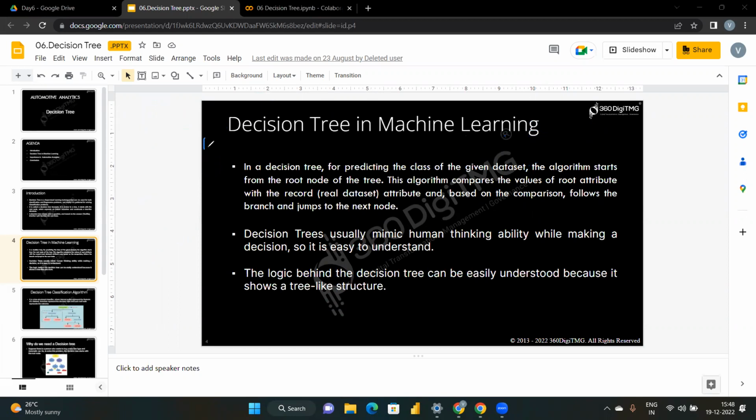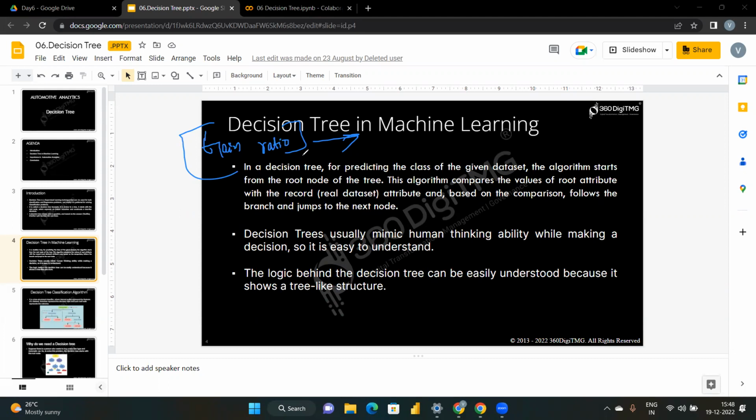Next we are going to see gain ratio. Information gain is biased towards choosing attributes with a large number of values.